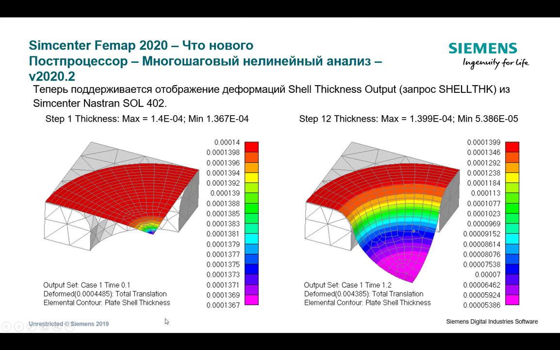Something else added for version 2020.1, actually in Maintenance Pack 2, not the original release, was support for shell thickness output, requested by the shell thick command from Simcenter Nastran Solution 402, the multi-step nonlinear kinematics solution sequence.